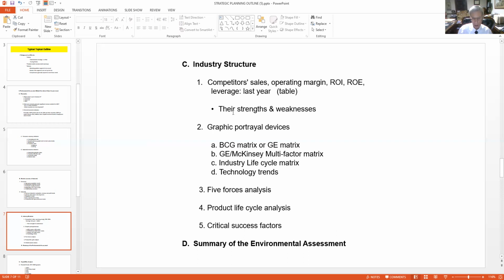So finally, we want to take all this information that we've gathered about the economy and the market and the industry, and we want to summarize it in some way so that we can identify the most important trends, the most important problems, the most important opportunities.